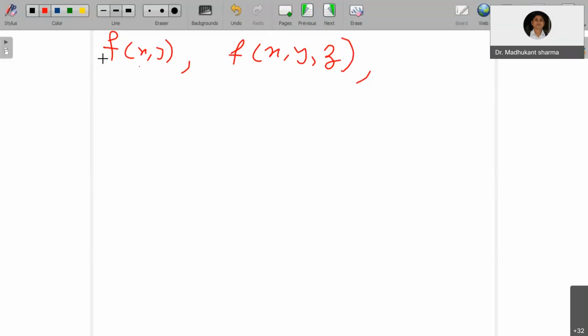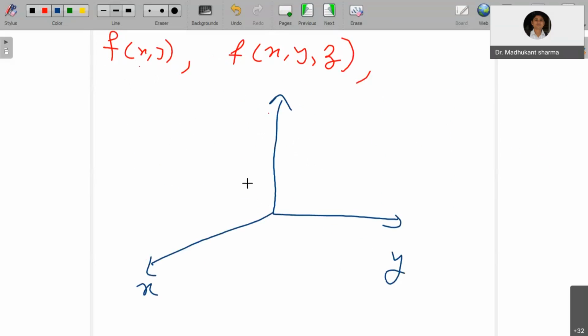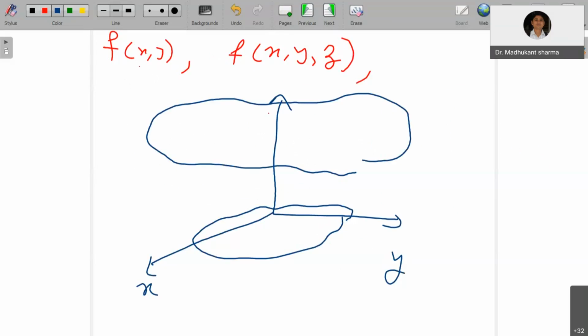In the case of two variables, you have an equation of a surface. So over the domain of f of x comma y, you will have some surface, z equals f of x comma y. Here you can take t equals f of x, y, z, and so on, and define what is the dependent variable and what are the independent variables.